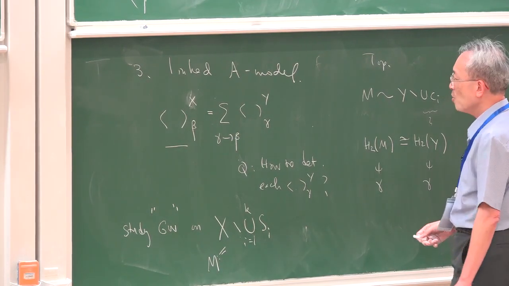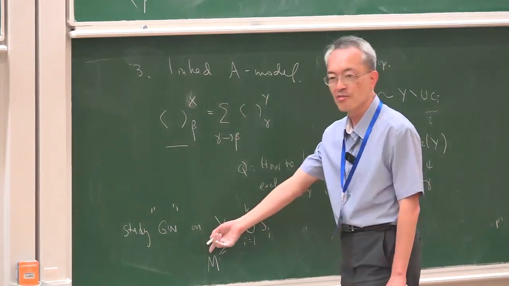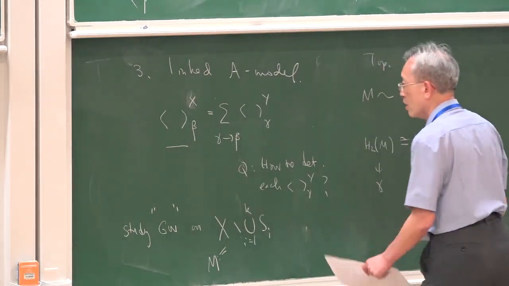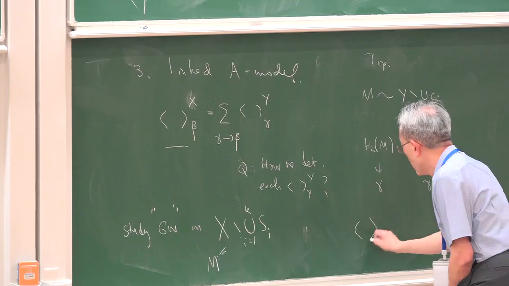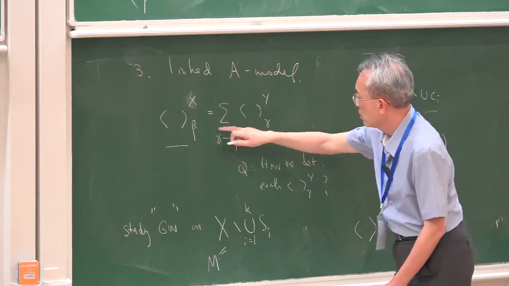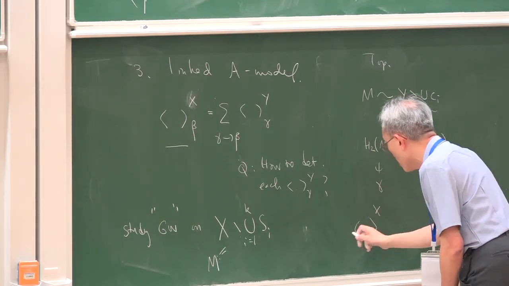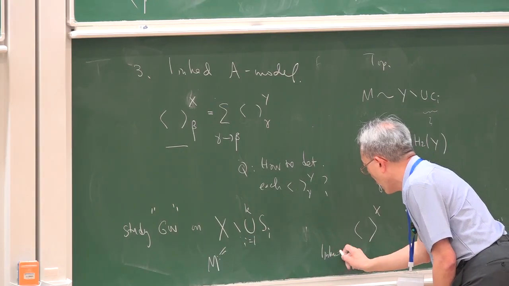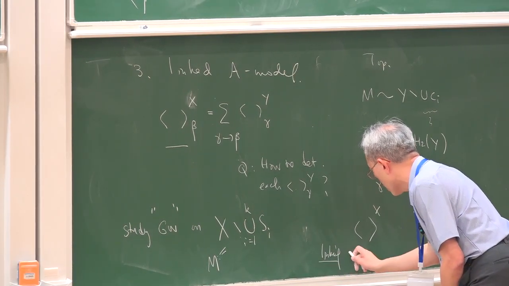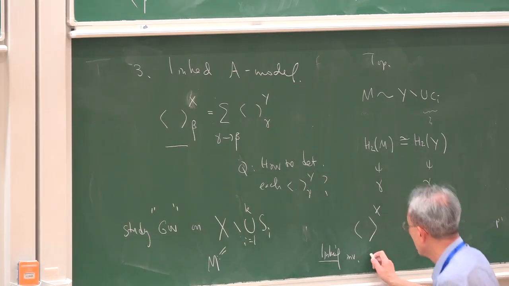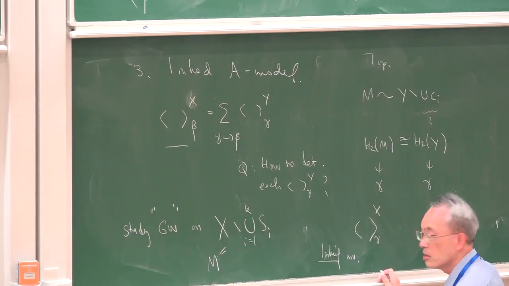So once you can define this invariant, then of course what you get is the global invariant, the linking invariant. I will not call this a formula. I just call this the linking invariant with the class gamma.